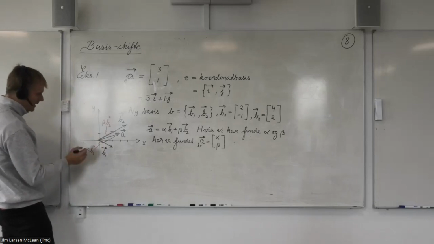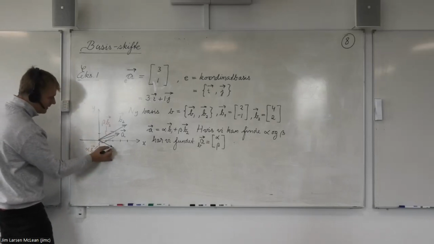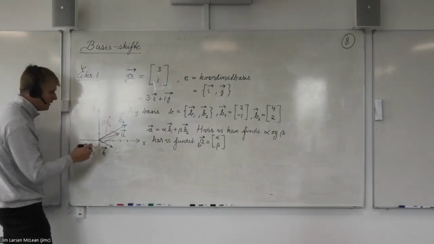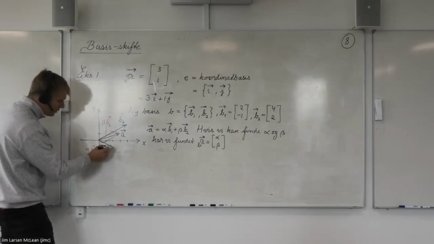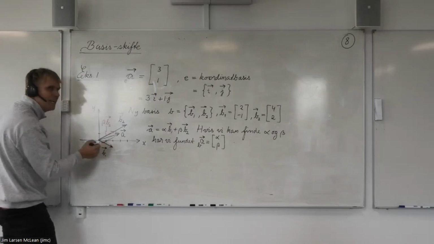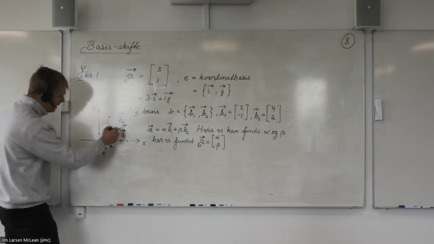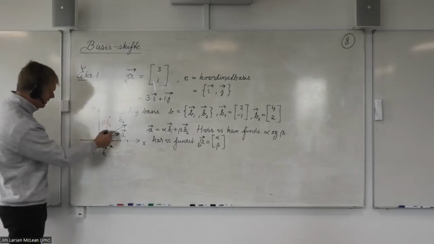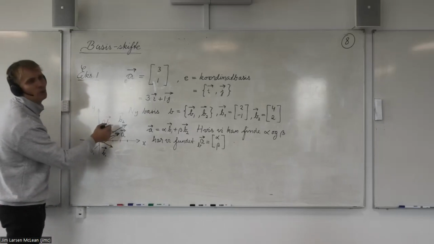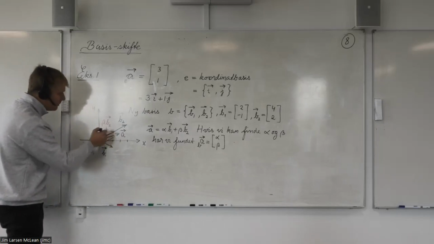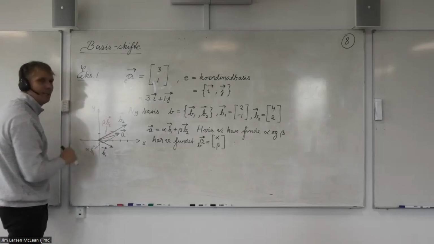And the answer to that is, you just need to find out how much you should scale this vector. If it gives 1/4, it means you need to make B1 4 times shorter. So you only take 1/4 of the component B1. And let's say you have to take 5/8 of B2. Then you multiply it by B2, and then you get it right.